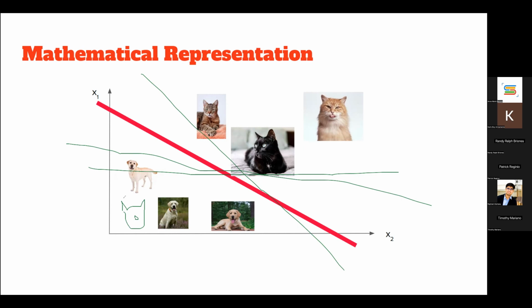I could probably draw a line here, let's say, ito, pero mali na ako. No? Kasi, andito sa baba ng line yung isang cat and I have 3 cats here. Tapos may error pa ako na dog dito, which is deemed to be a cat. Okay. So, what does this tell us? This means that for this particular problem, the solution is nonlinear.